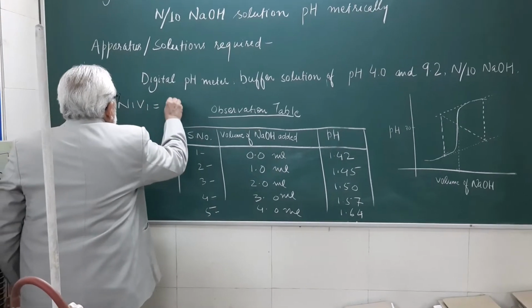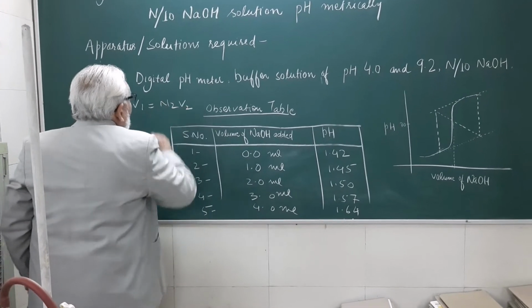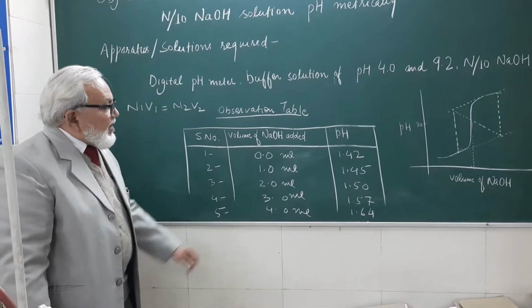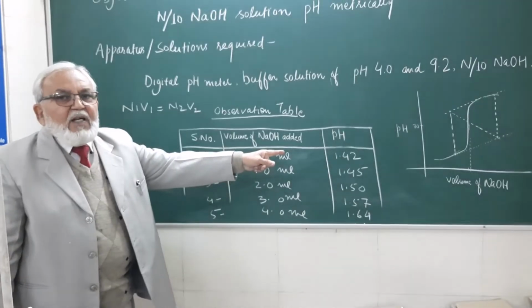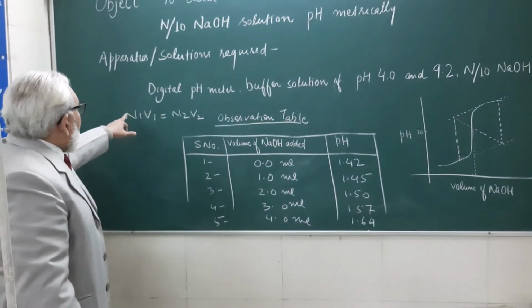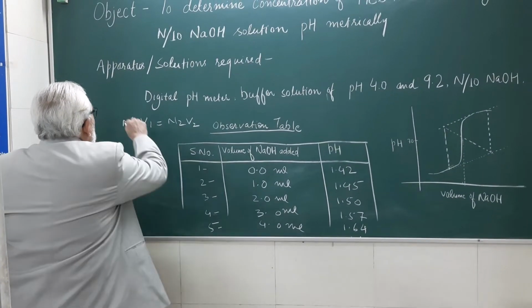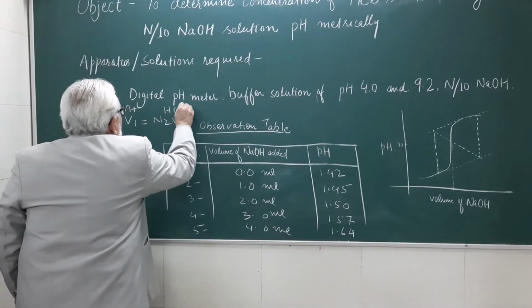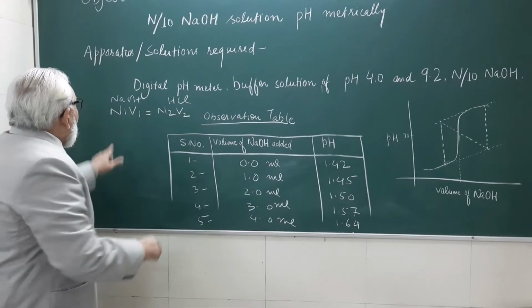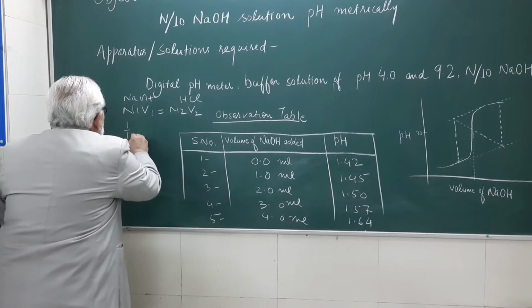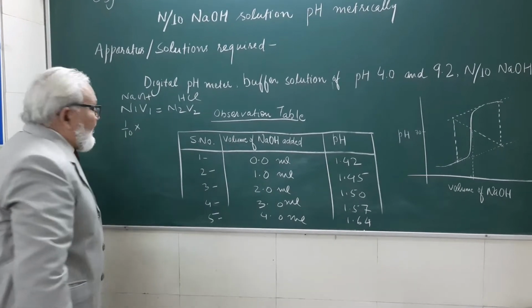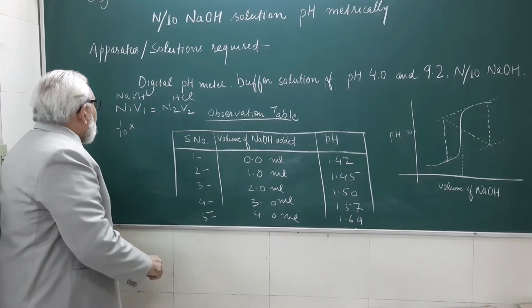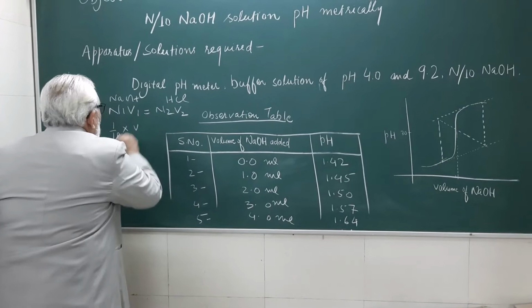So here the volume will be determined at the equivalence point, and using the equation N1 V1 equals N2 V2, we make the calculation for determining the normality of HCl. Normality of NaOH is 1 by 10, and the volume of NaOH used at the equivalence point, say, is V ml.